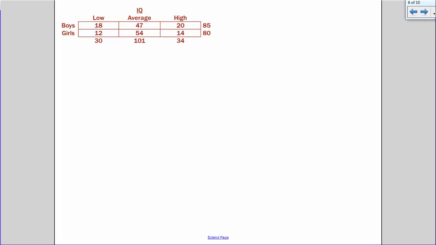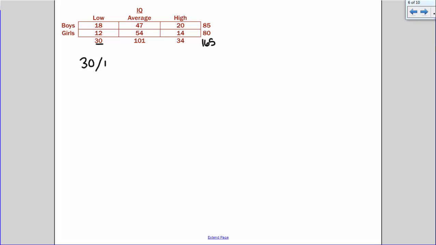Okay, we want to make sure that we have an equal proportion of girls and boys in each IQ group to test the null hypothesis. If you think about it, we have a total of 80 plus 85, 165, and 30 plus 101 plus 34 also equals 165.